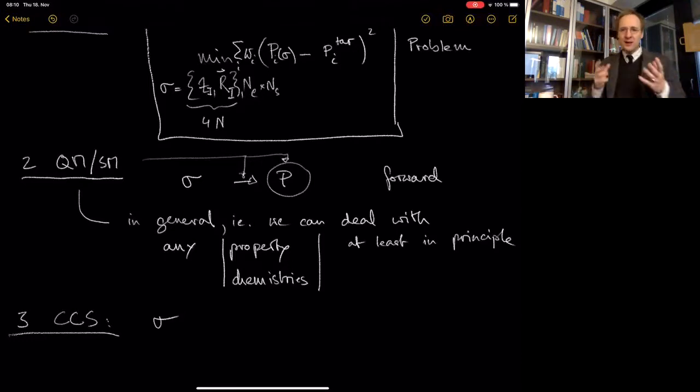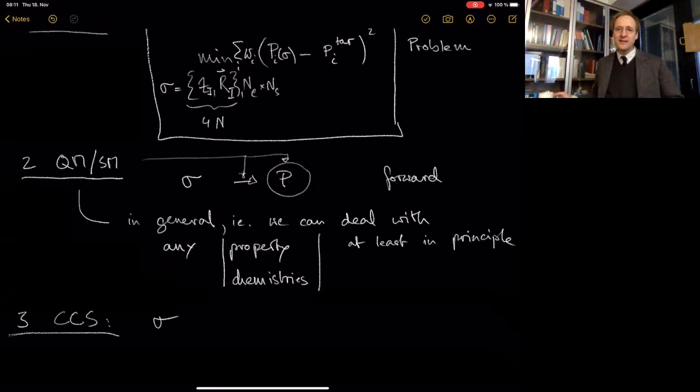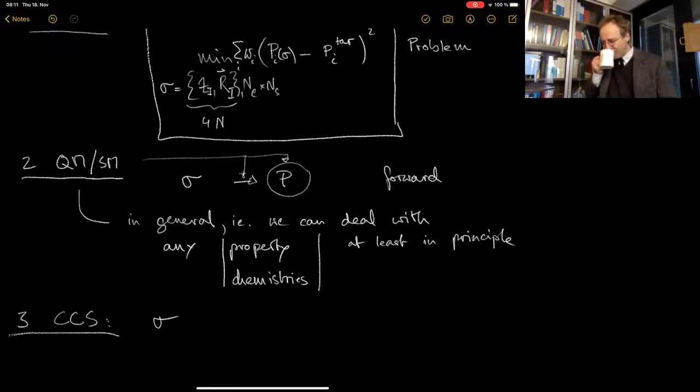There are, of course, things that are also intertwined, and it's not always obvious how to separate these two, but there are certain aspects to sigma that go beyond just the periodic table, and so we should talk about that.